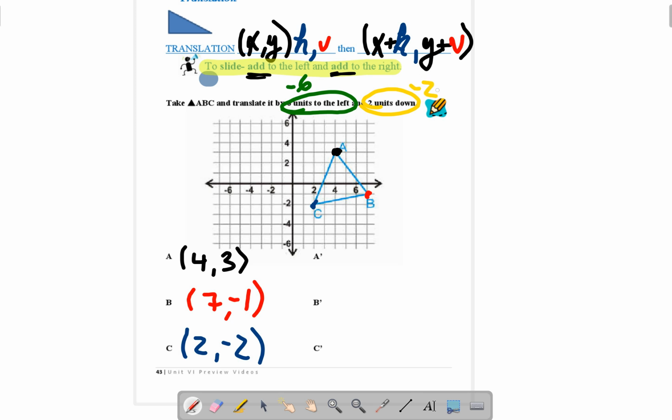So you can do this physically or algebraically. First, I'm going to show you algebraically. So for all of the x coordinates, you're simply going to -6, -6, -6. For all of your y coordinates, you're going to -2, -2, -2. Let's get those 3 new coordinates. So that's 4 -6 is -2, 3 -2, +1. Do you see where I'm going here?